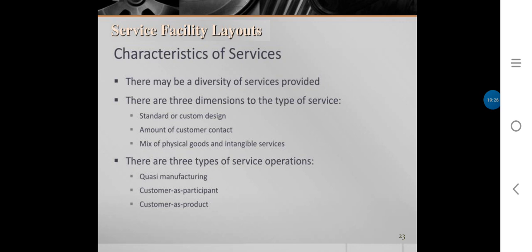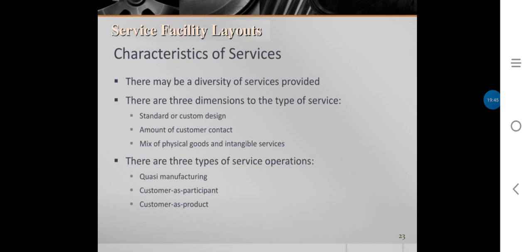Regarding the characteristics of services, there may be a diversity of service providers, as I mentioned earlier. There are 3 dimensions to the type of services: standard or custom design, amount of customer contact, and mix of physical goods and intangible services.